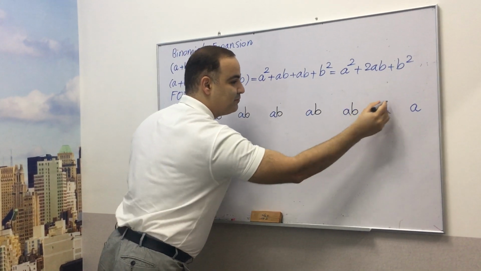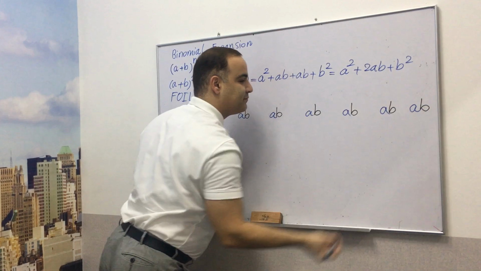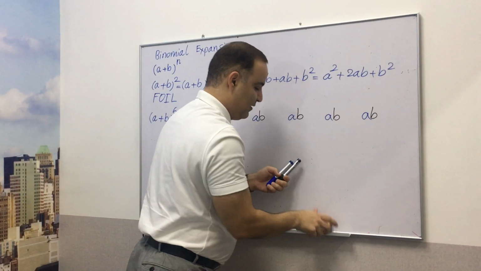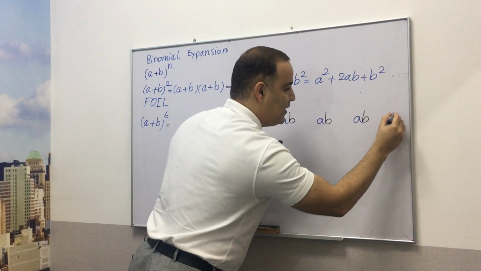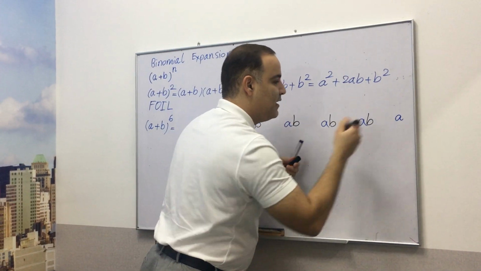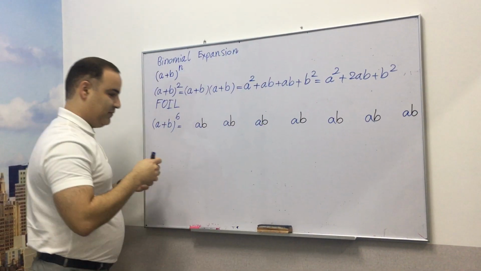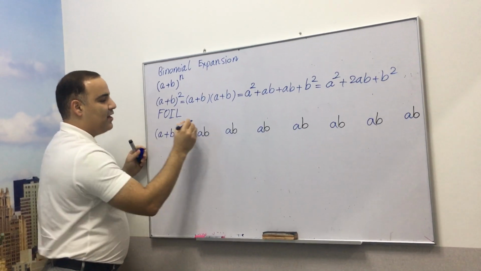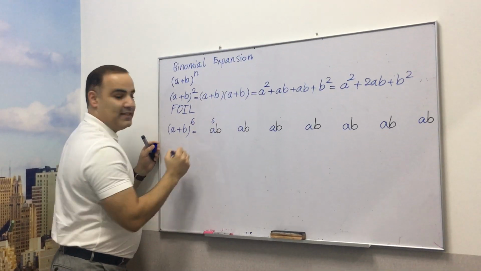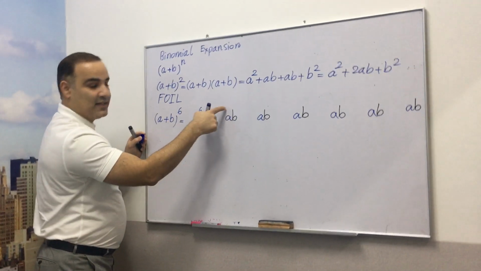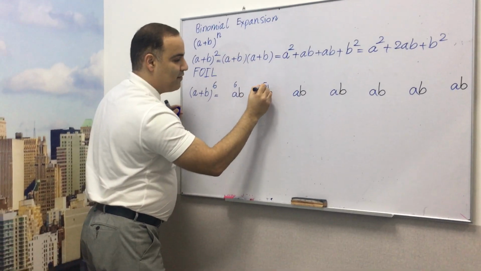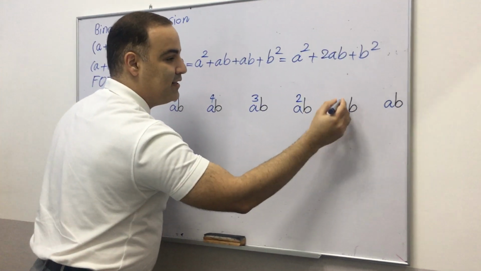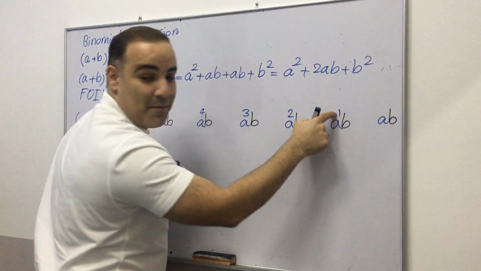Does it make sense? Okay. The next one, I need more space. A and then B. So what do I do next? I start from the first and I write the powers in a descending fashion. 6 and then I go down. 5, 4, and then don't stop at 1.